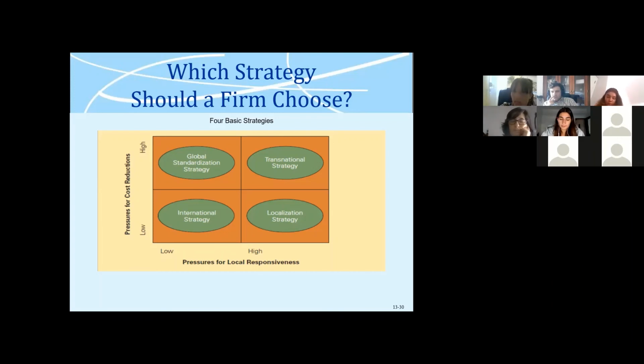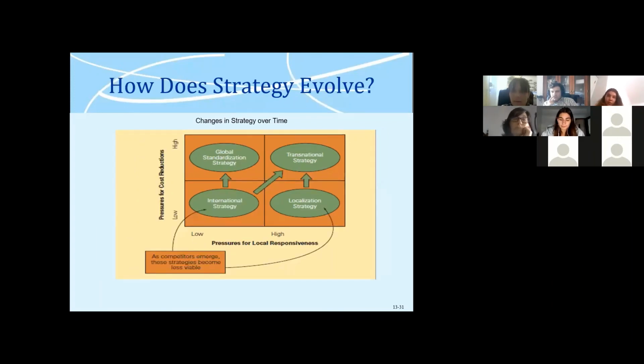And the last issue to discuss, very important, is how strategy evolves. When we discuss international strategy, we must consider that over time competitors inevitably emerge.